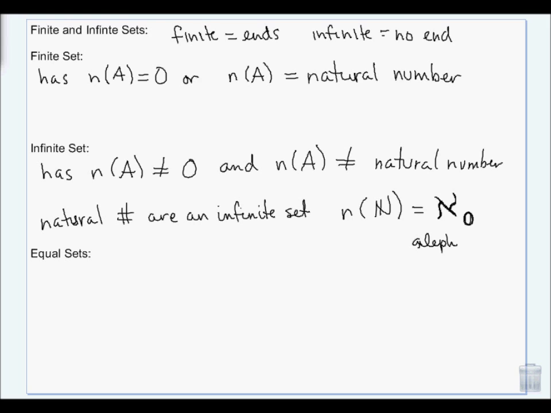Okay, now think about the integers. You guys know the integers are all the positive and negative numbers, right? And 0. So that set of infinity is about twice as big as the natural numbers, because you have all the positive numbers and all the negative numbers. And then you have the rational numbers, which includes all of the fractions and the decimals that end or repeat.